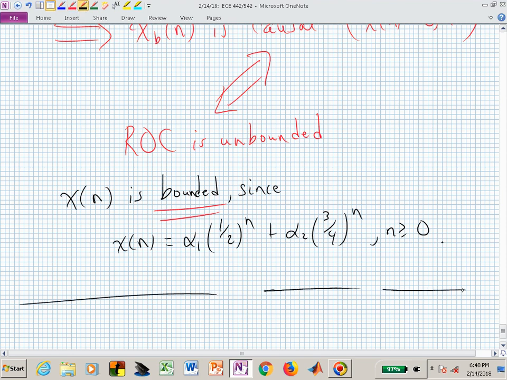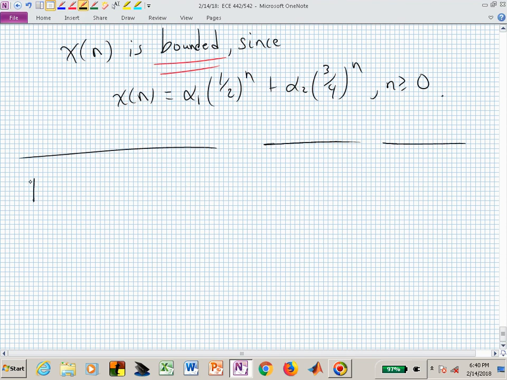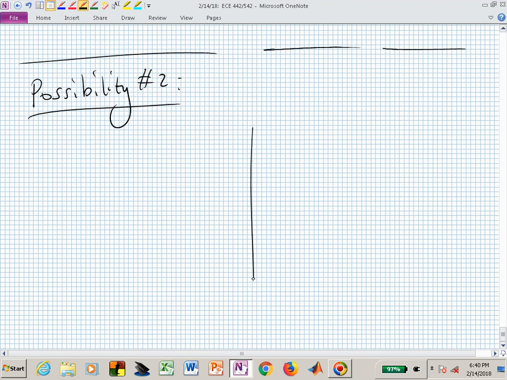Possibility number 2. Let's just go the other extreme. We had a pole at 1/2 and a pole at 3/4.